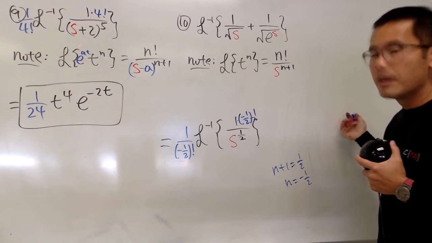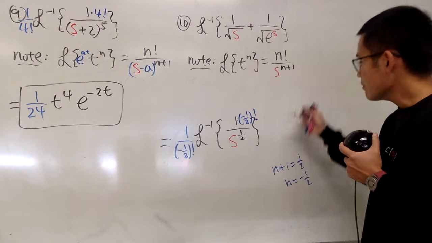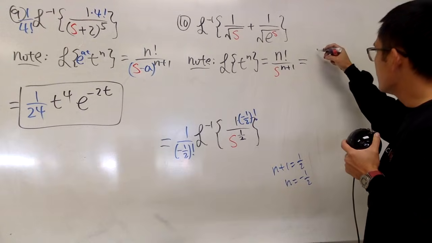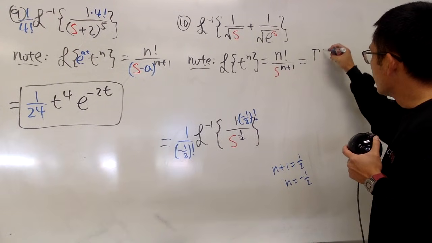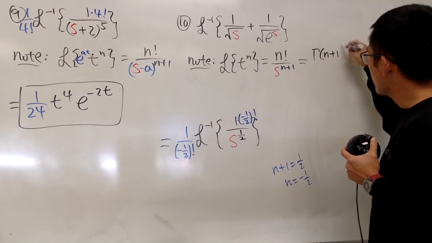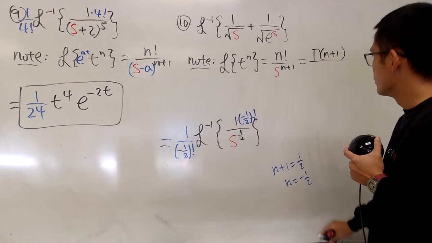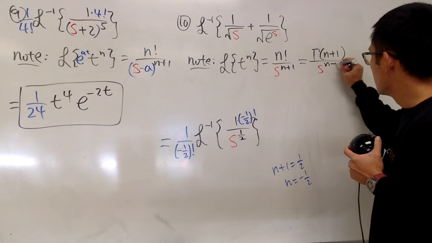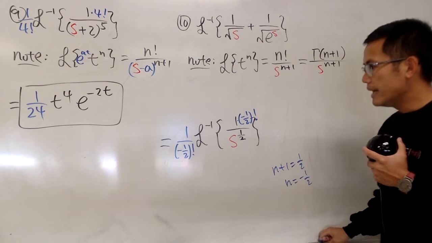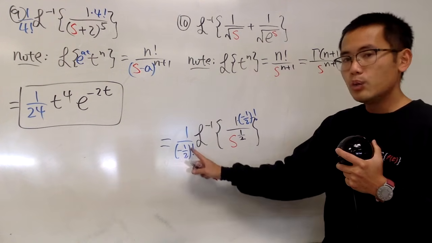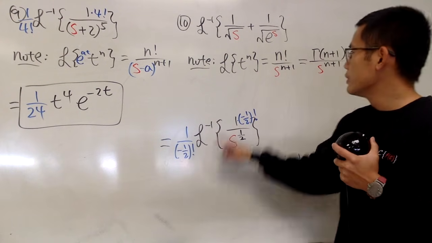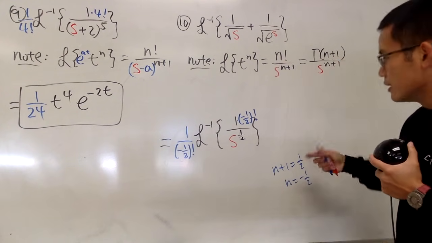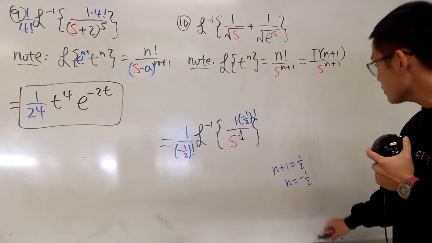However, if you extend the concept of n factorial, this is the same as saying gamma of n plus 1 over s to the n plus 1 power. And if you want -1/2 factorial, you can just put that into n. So I will just have to tell you right here.